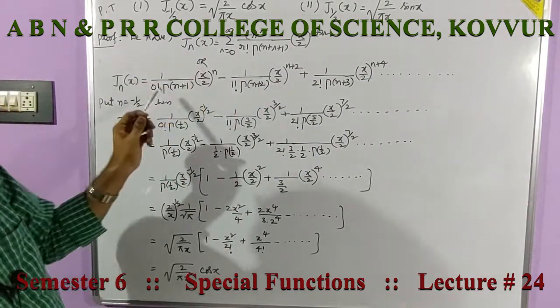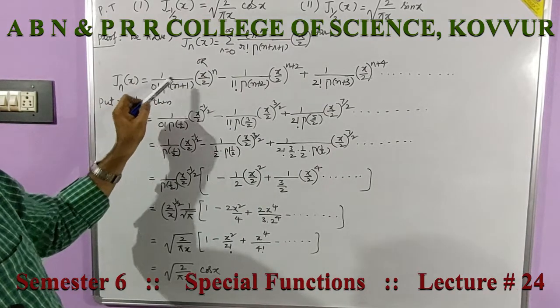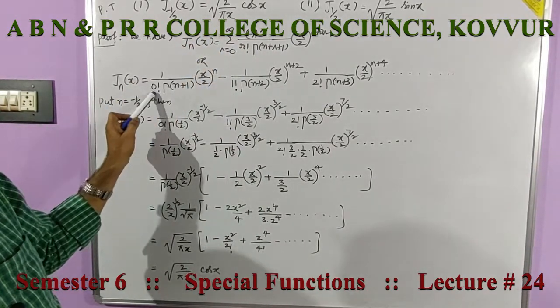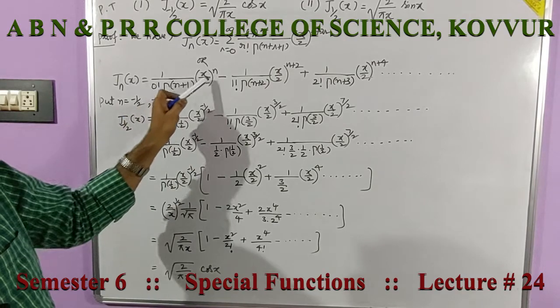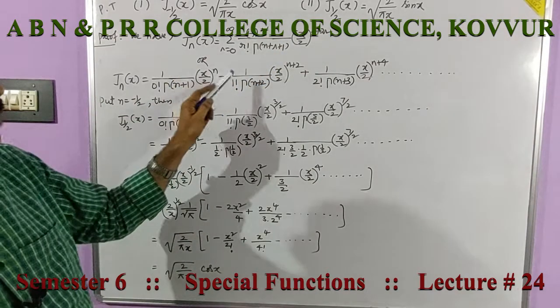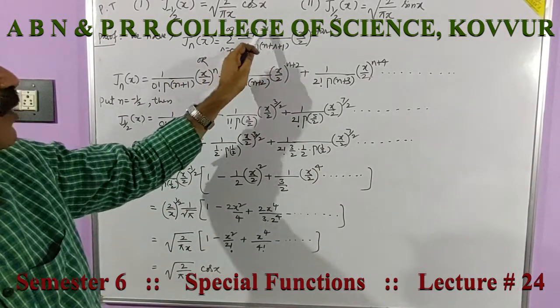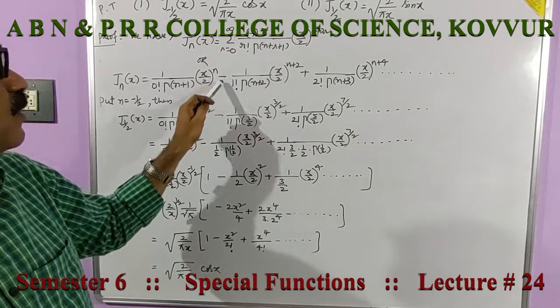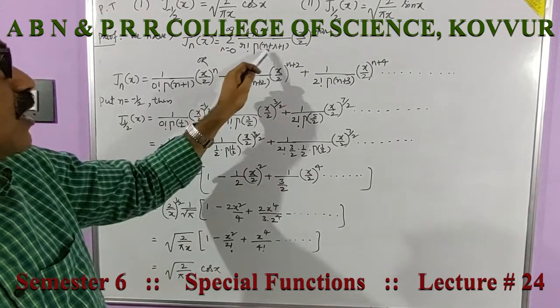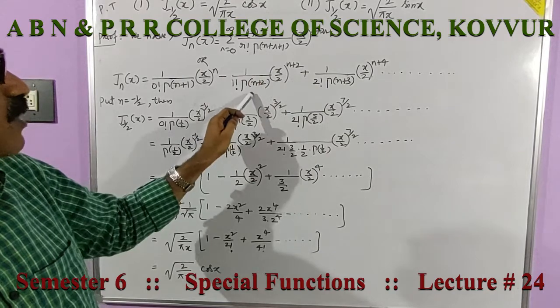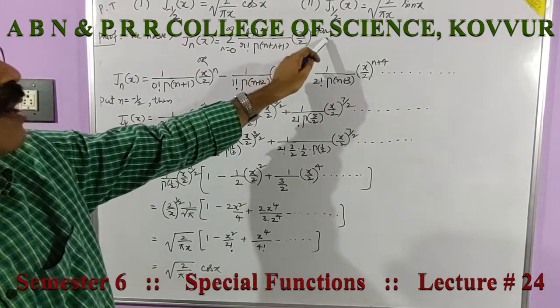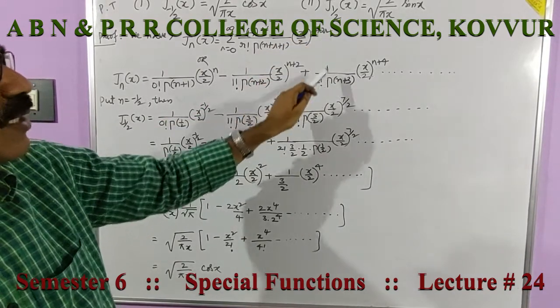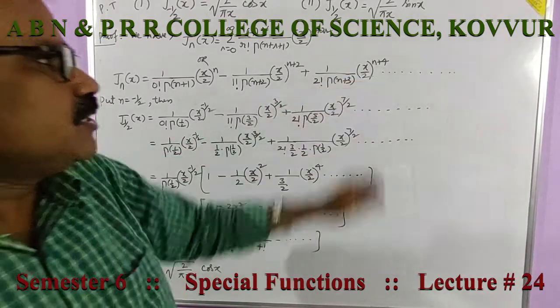For r equal to 0, first term is 1 by 0 factorial gamma n plus 1, x by 2 power n. Minus 1 power 1 is minus, that is why minus 1 by 1 factorial gamma n plus 1 plus 1 is n plus 2, x by 2 power n plus 2, when r is 1. Similarly 1 by 2 factorial gamma n plus 3, x by 2 power n plus 4.